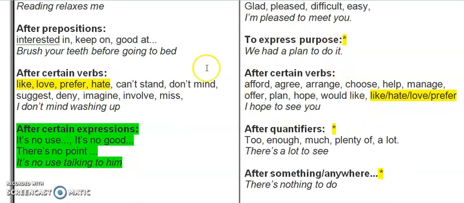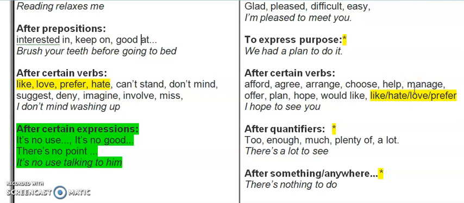And also, as with gerunds, we have infinitive after certain verbs. In the list we have included afford, agree, arrange, choose, help, manage, offer, plan, hope, would like, and also the ones you have in both places, like, hate, love, prefer, are followed by infinitive in this case.